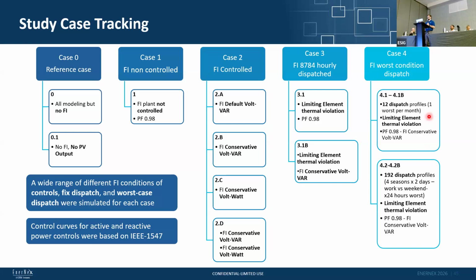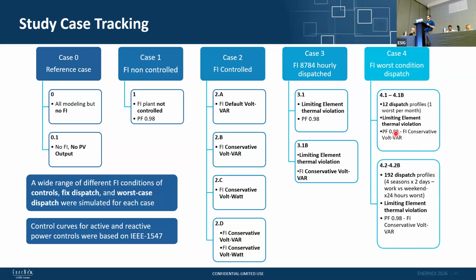It's a limit curve basically. So you'll get a limit for each month of the year. And then the second part of case 4 is the seasonal weekend versus weekday limit curves that would be applied to the FI.